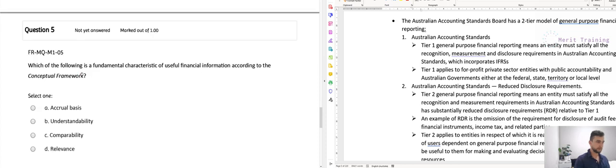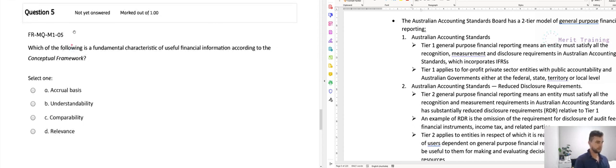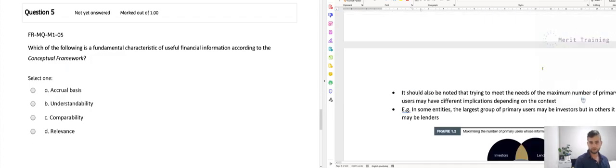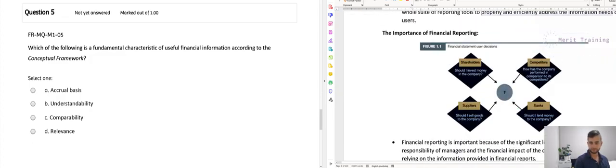Question 5. Which of the following is a fundamental characteristic of useful financial information according to the conceptual framework? Okay, so if you remember the section where we went through fundamental characteristics versus the value add component, we just got to scroll up to find this section.